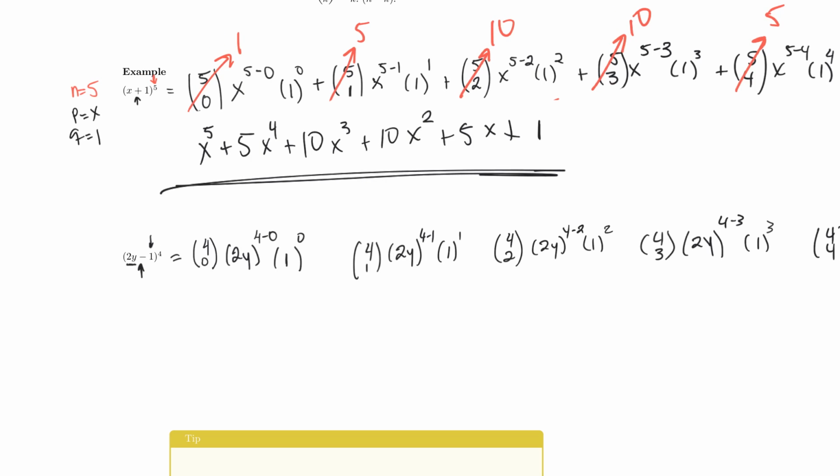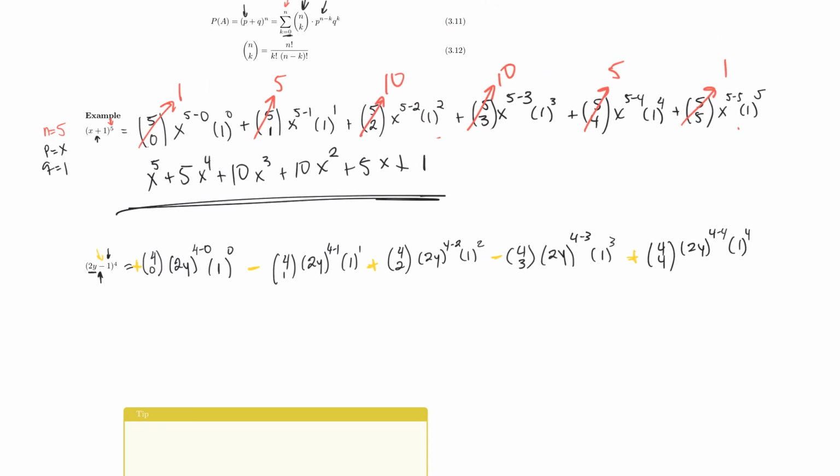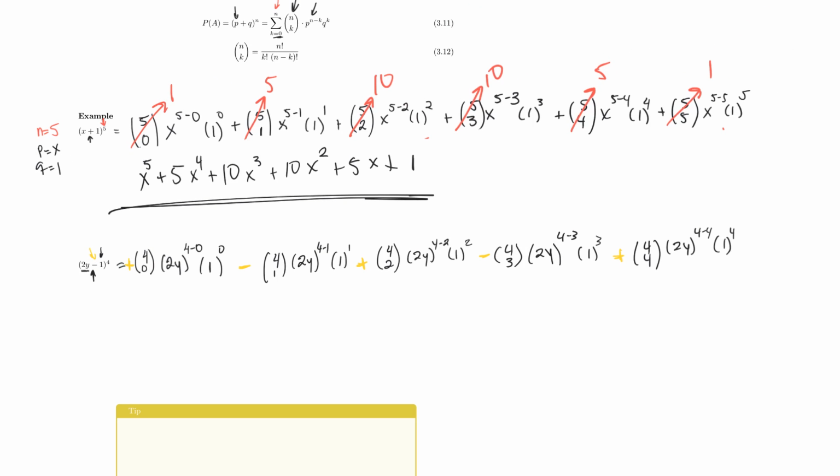Now let's see the sign. We have a minus here, so we start alternating, starting with positive. Positive, negative, positive, negative, and positive. Another way you can do the sign, let's delete what we just did, is to include the sign in the term that has it.